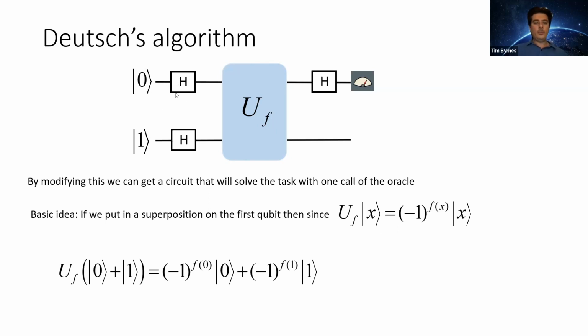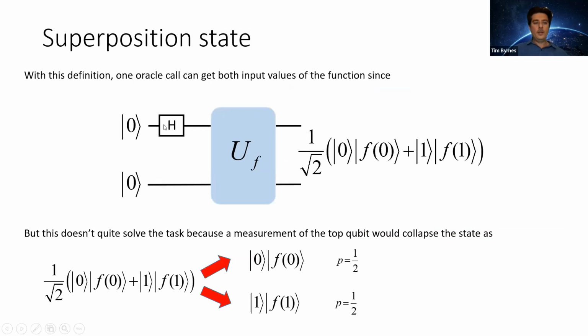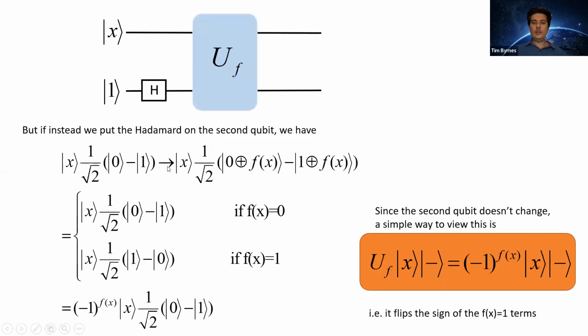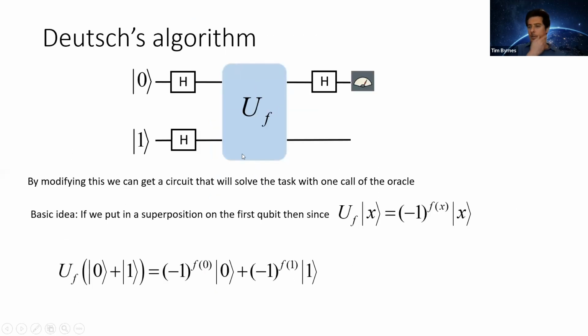What went wrong last time is that for the second qubit we just input 0. Now what we're going to do is put in this minus state on the second qubit, and let's see how it actually works this time. So let's try this circuit now. This is basically what will give us the final Deutsch's algorithm.